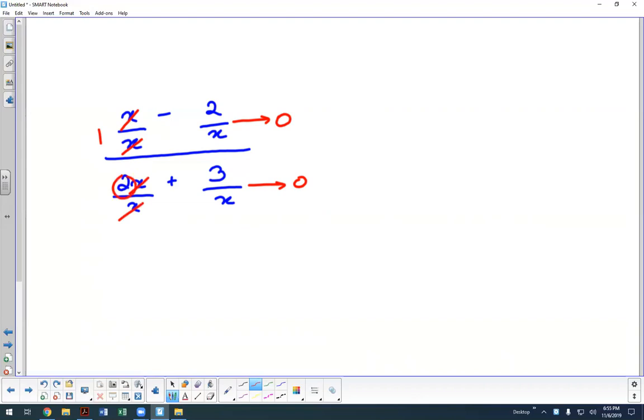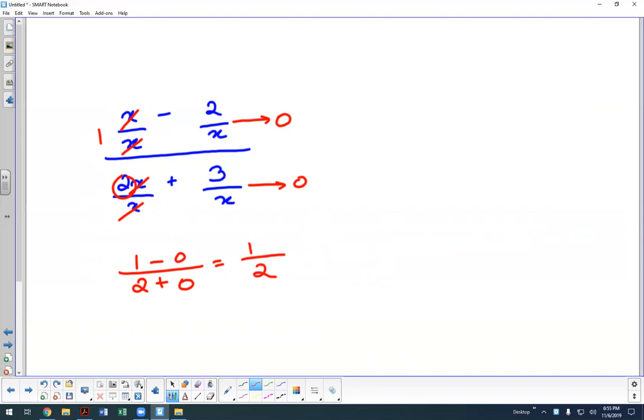So as x is getting really large, this first part of our expression will become 1, minus 2 over x became a 0. On the denominator, 2x divided by x basically gave us a 2, plus 3 over x became a 0. What's 1 minus 0? 2 plus 0.